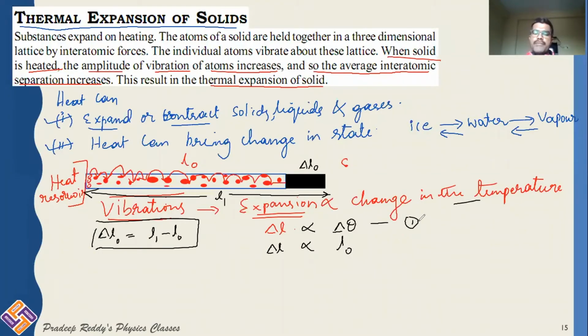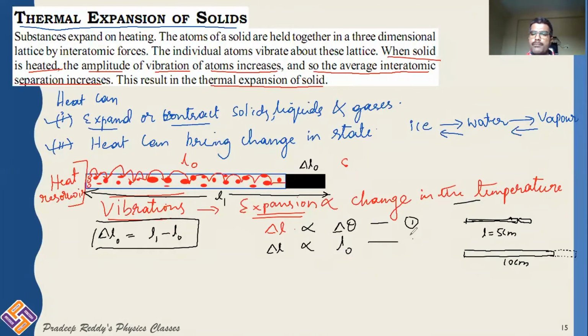If you take a rod of length 5 centimeter, there will be some expansion. If the initial length of the rod is 10 centimeter, there will be more expansion. So delta L is directly proportional to L naught.